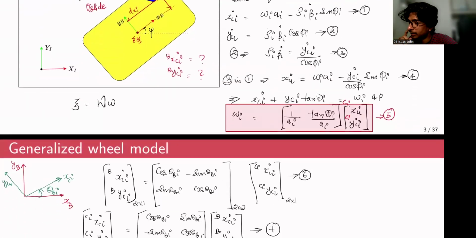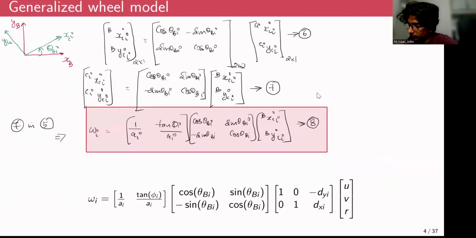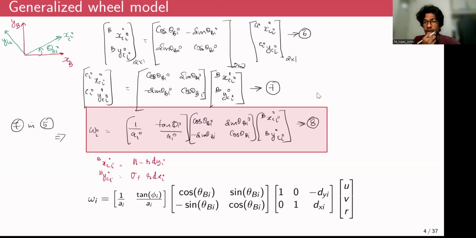So how would that look? I'll write one more equation. So xci dot with respect to B and yci dot with respect to B. The first equation is nothing but u minus r dyi, and the second equation is v plus r dxi. I hope it is clear enough.